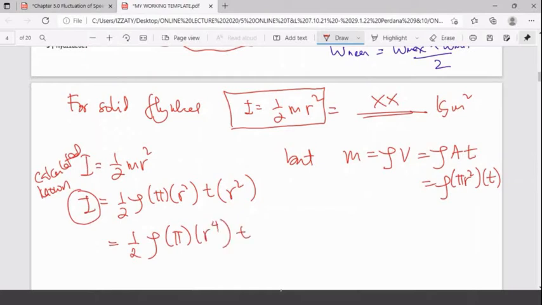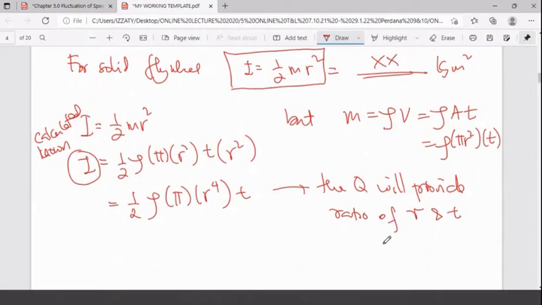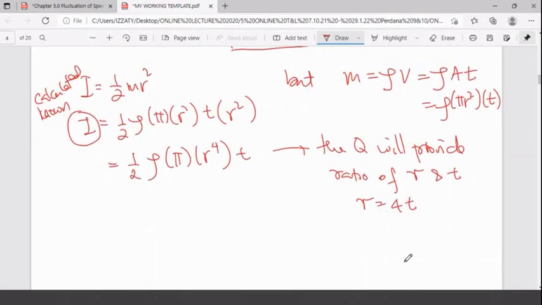You cannot solve this one because you have two unknowns. So the design will provide one ratio of radius and thickness. For example, radius is equal to 4 times the thickness. Or in other words, it can also be put in terms of r over t equal to 4. This one or this one. So you put it in here.